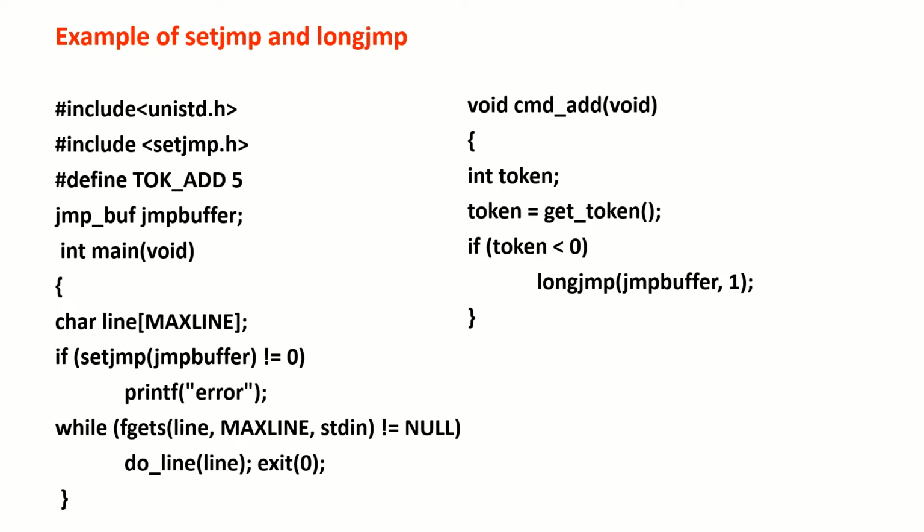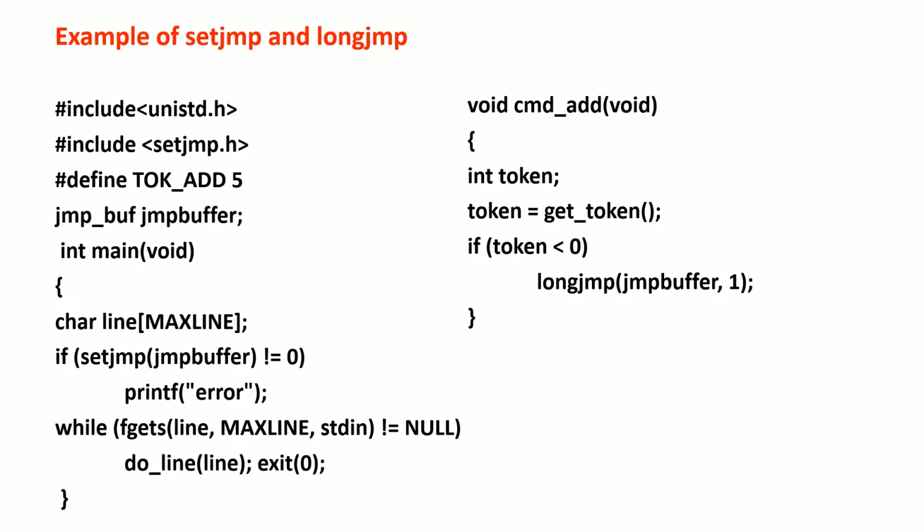The val should be non-zero so that it can be used to indicate where and why the longjmp function was invoked, and the process can do the error handling accordingly.